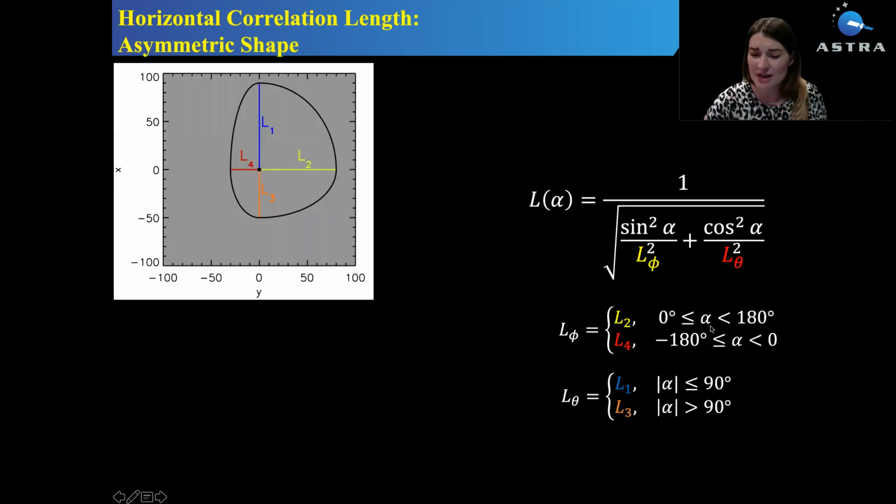For example, when azimuth goes from 0 to 180, we would use L2. When it goes from 0 to negative 180, we would use L4, and so on. Same when it goes from positive 90 to negative 90, we would use L1 to describe the ellipse. And if it goes from negative 90 to positive 90, we would use L3.